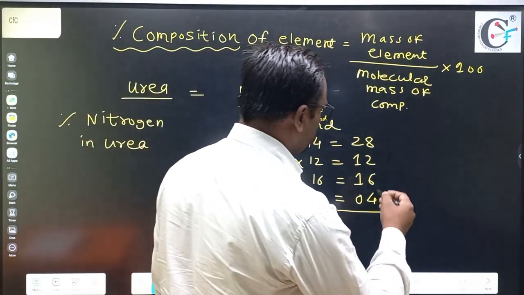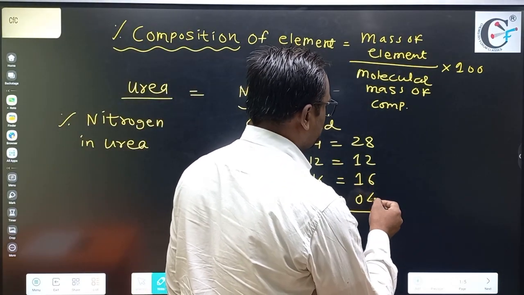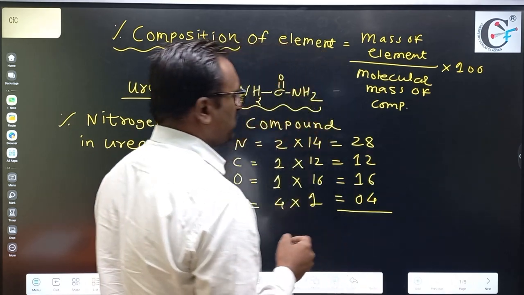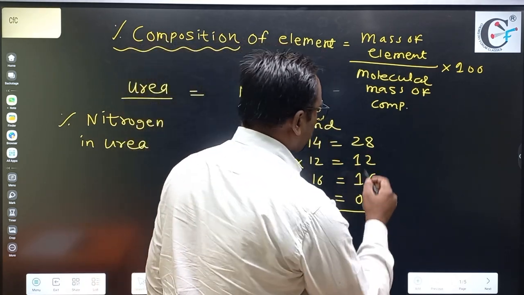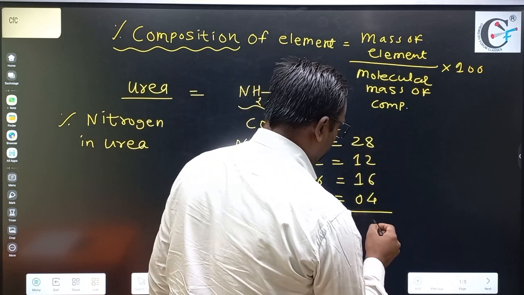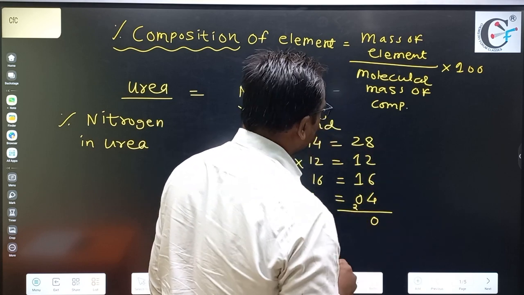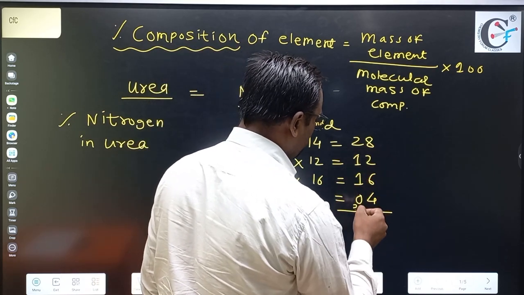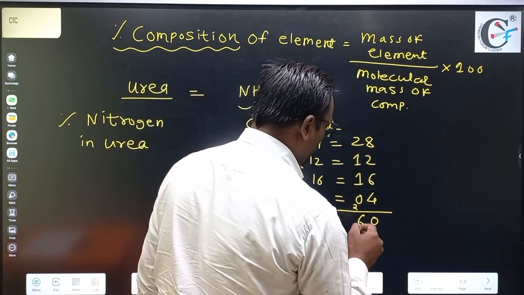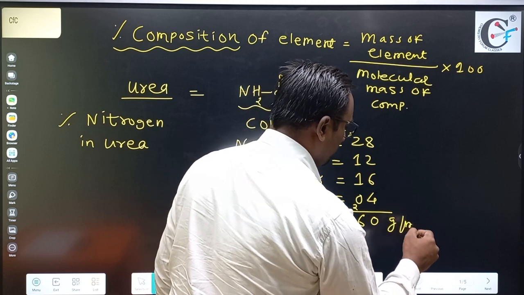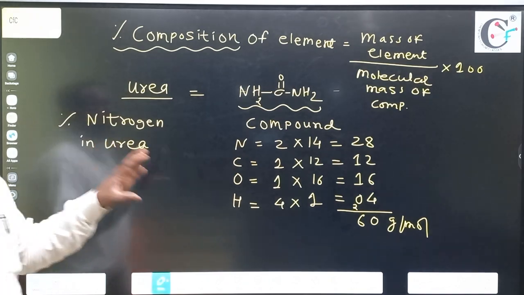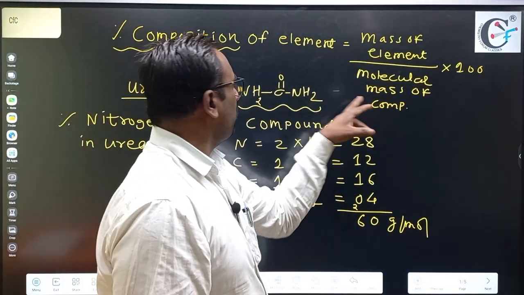So 28 plus 12 is 40, 40 plus 16 is 56, 56 plus 4 is 60. So we have 60 gram per mole. So 60 gram is the molecular weight of urea.